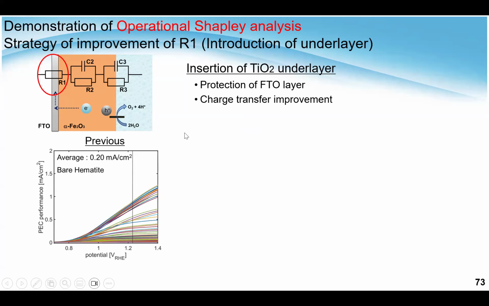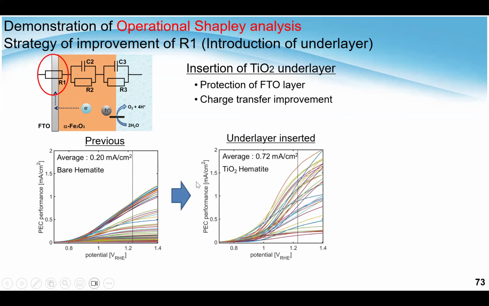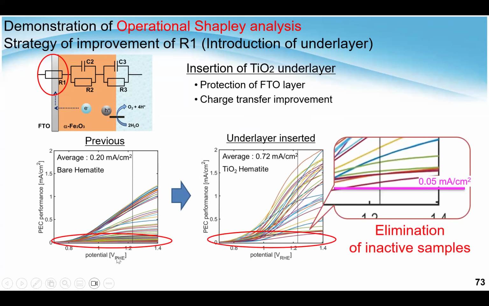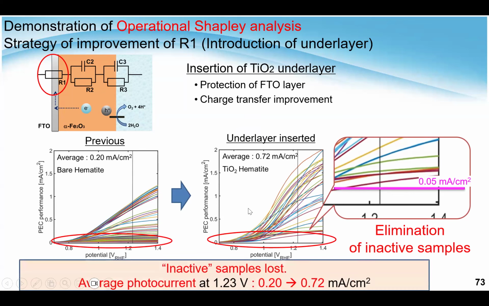Without the TiO2 underlayer, here are the sample data, but once TiO2 is inserted, you can recognize that the very small, inactive samples have totally disappeared. And also the average photocurrent value is almost 3 times larger.